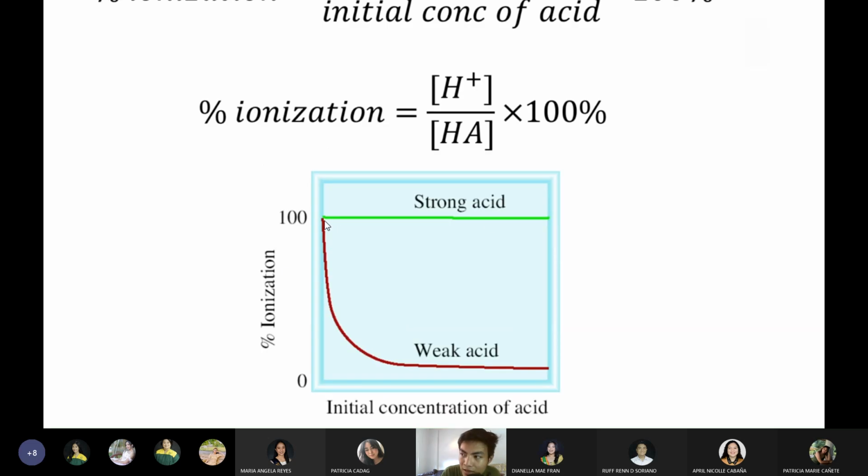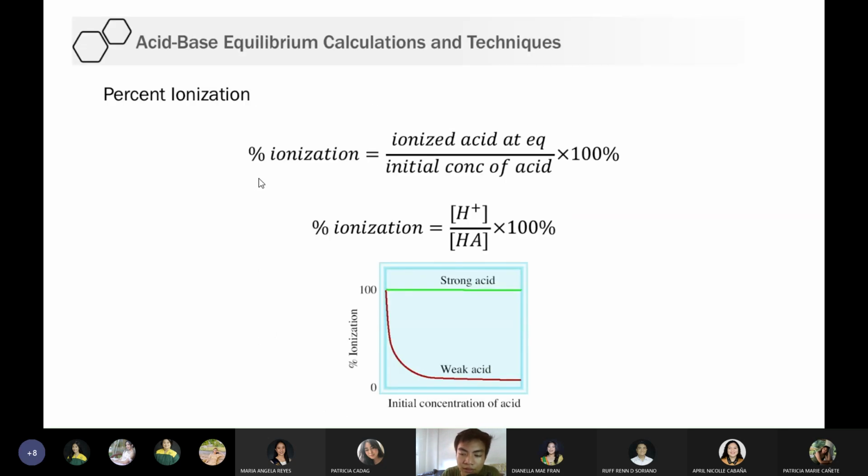If you have a strong acid, then the ionization is complete. 100% ionized yan. However, if you have a weak acid, sabi natin, it equilibrates. No? Meaning, only portions of our acid will dissociate. So, onting amounts lang yung madidissociate.